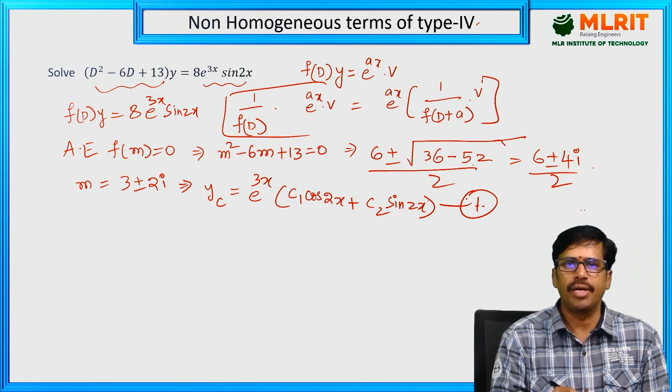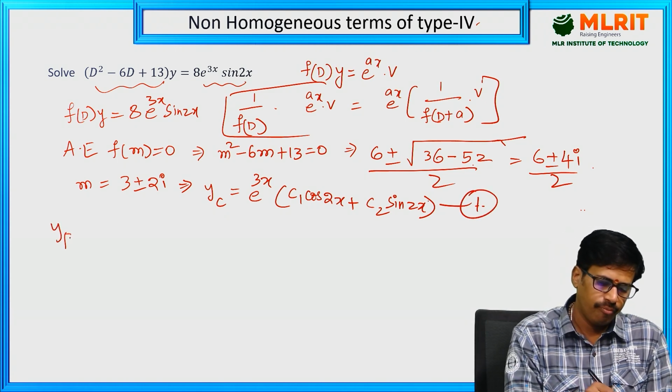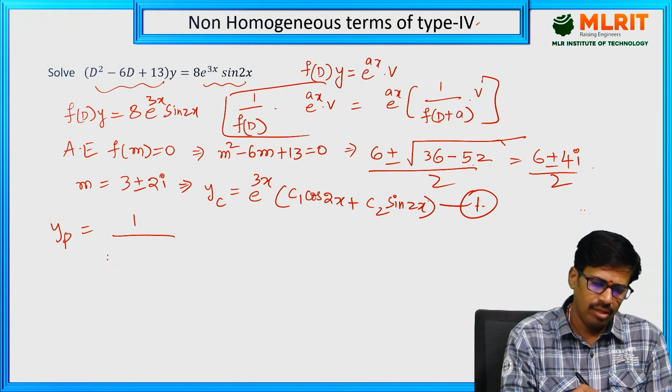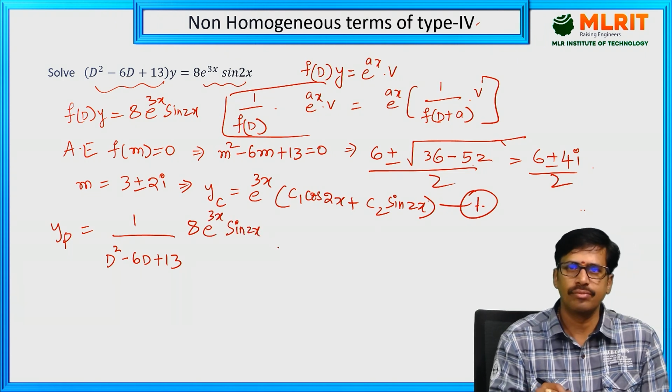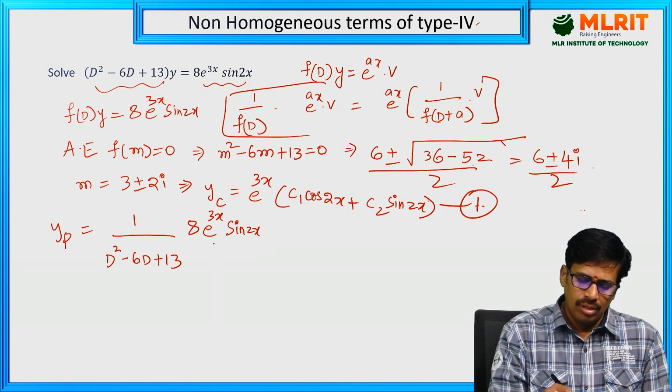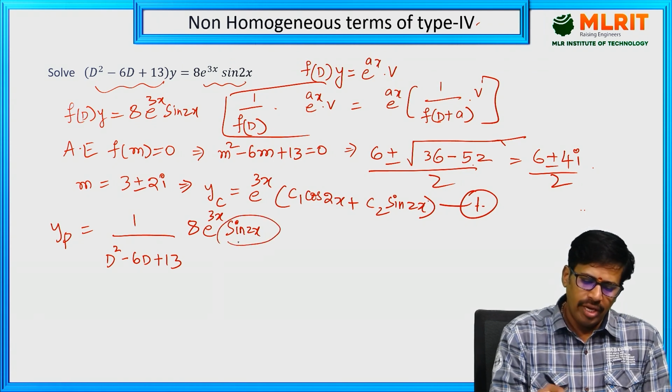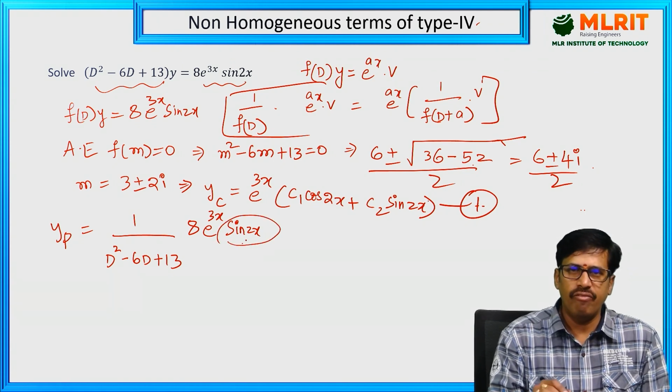Now let us find the particular integral yp. 1 by D squared minus 6D plus 13, the function is 8 e power 3x sin 2x. Now e power ax into any function of x. So here V is sin 2x.